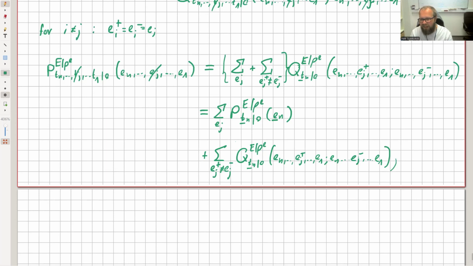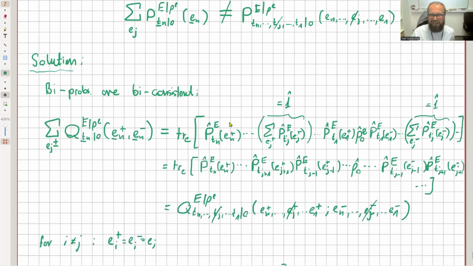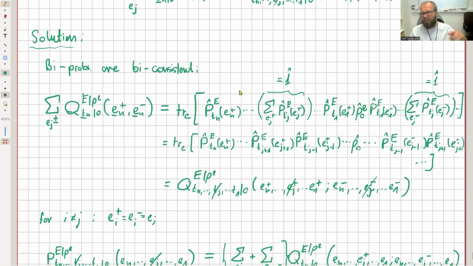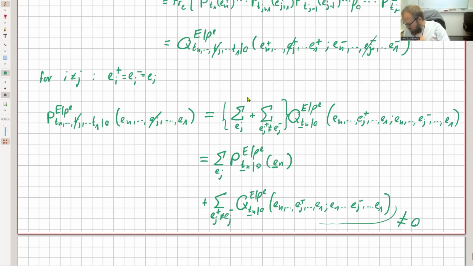And in general, this guy here is just non-zero, all right? So there is a non-zero correction coming in, which means that we violate the consistency condition, which we were supposed to show here.